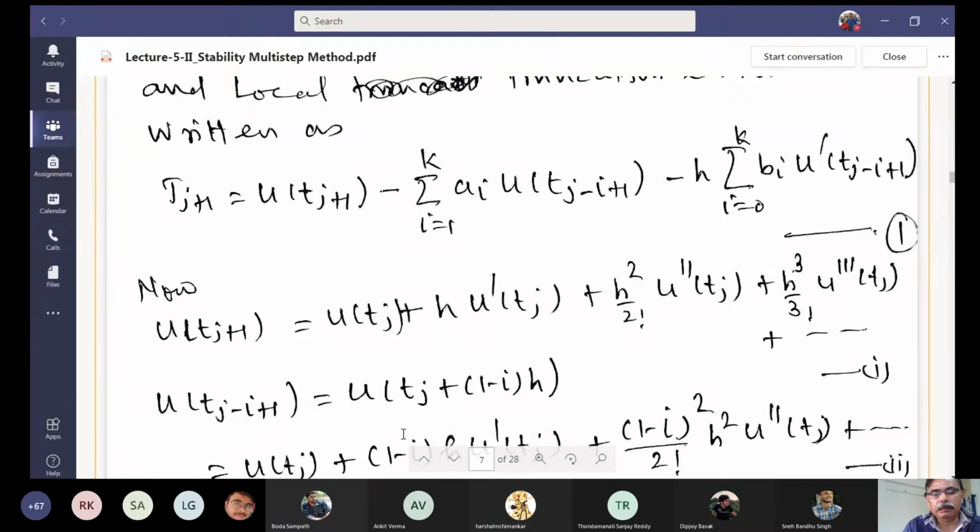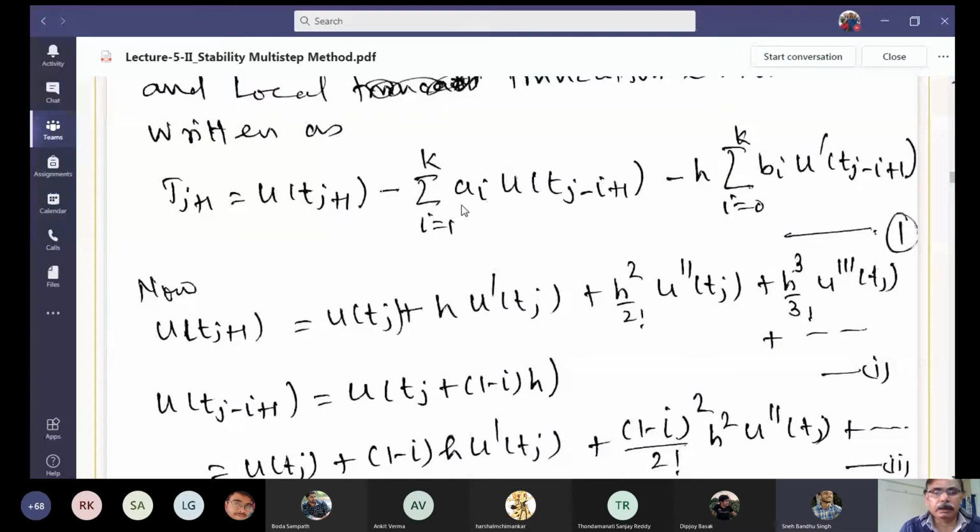So this will be the second term, corresponding to h. But only the constant term is U_{t_j}, meaning the summation, i running from 1 to k, a_i will be the coefficient of U_{t_j}, and here one minus the summation, i equal to 1 to k, a_i. Is this part clear? The coefficient of U_{t_j}, that is your C naught.